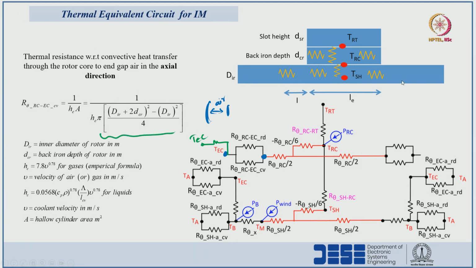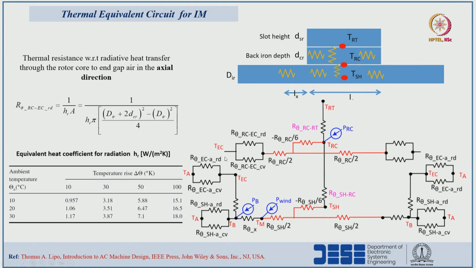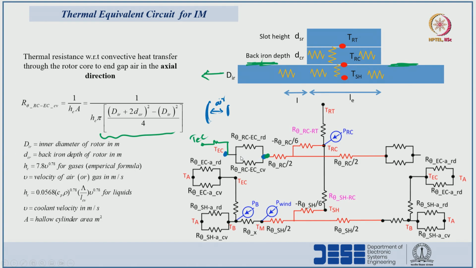So, the hollow cylinder area we can consider, because only that portion is responsible with respect to the heat flow in this direction, axial direction. So, in axial direction of heat flow from rotor core point to the end cap, if we consider, that in terms of radiation and convection, is nothing but this equation.